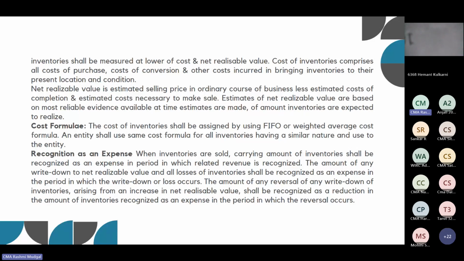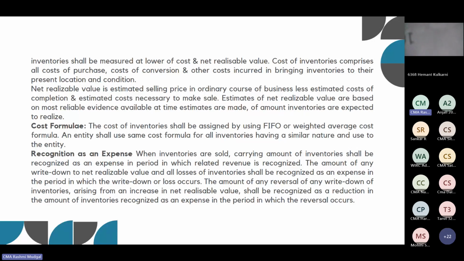So I have to understand that I have to recognize an expense. If inventory is sold, the carrying amount of the inventory shall be recognized as an expense in the period in which the related revenue is recognized.